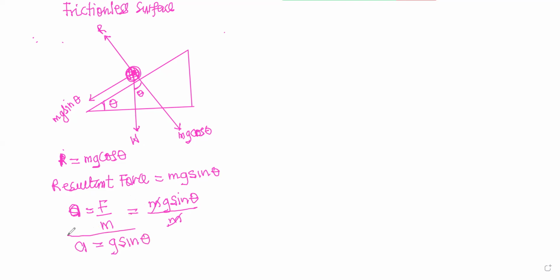So the acceleration of the body down the inclined plane is a product of gravity, acceleration due to gravity, and the sine of the angle of inclination. And this is when we have only the unbalanced force acting down the plane.